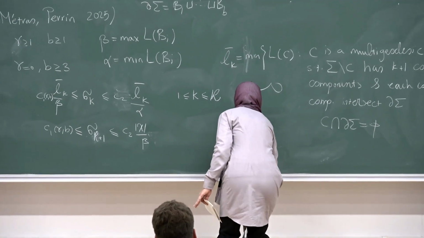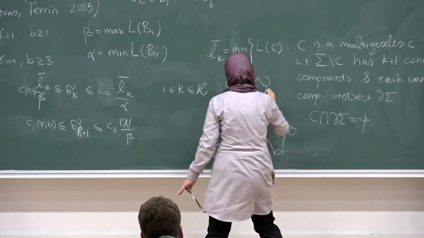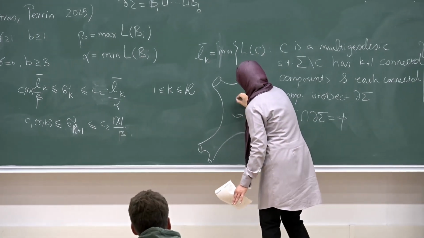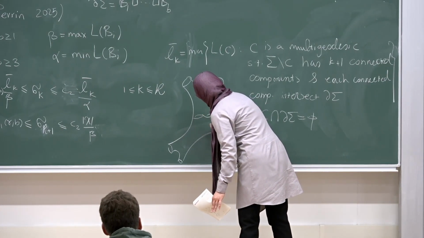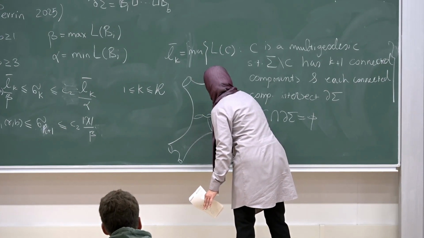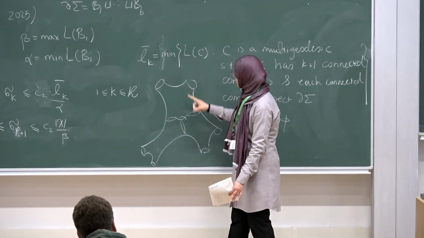So why can it go to infinity? Assume that this is very symmetric. So here are 3 pieces, so I have 6 boundary components.